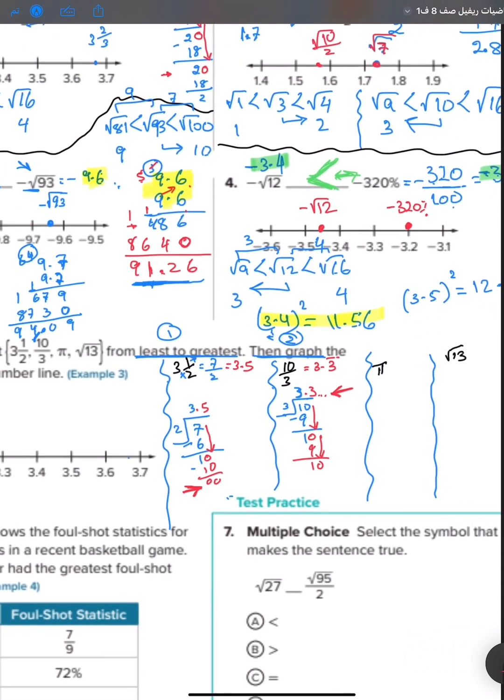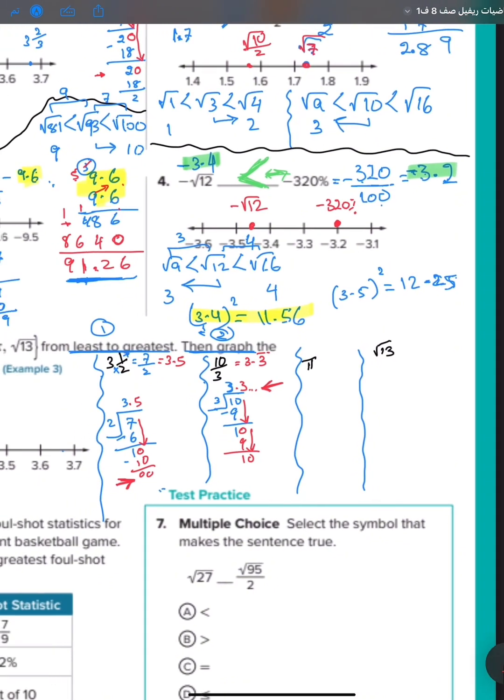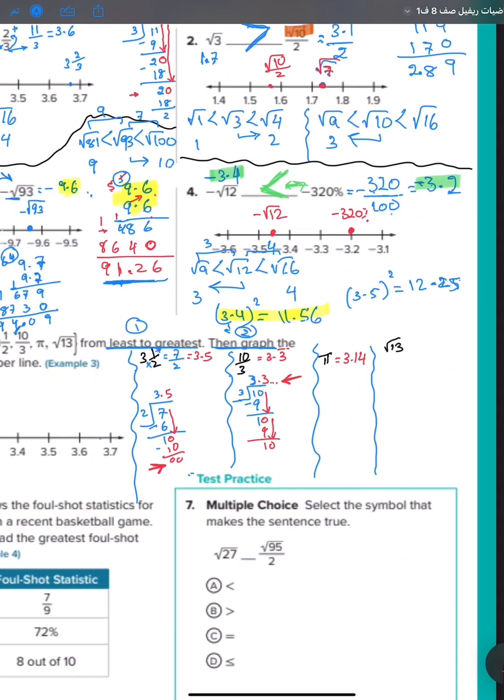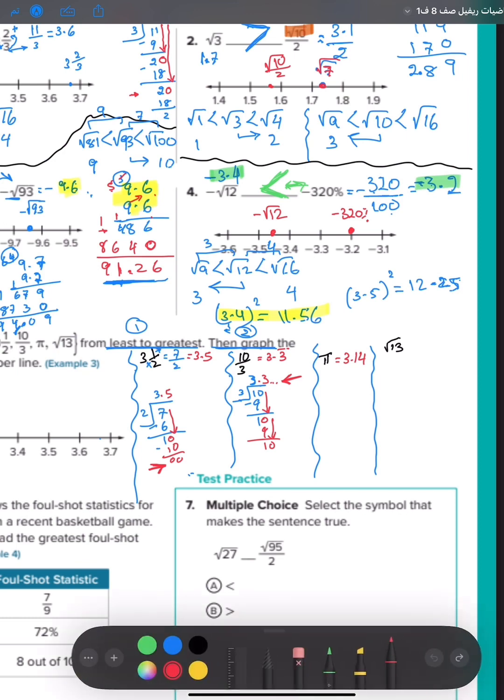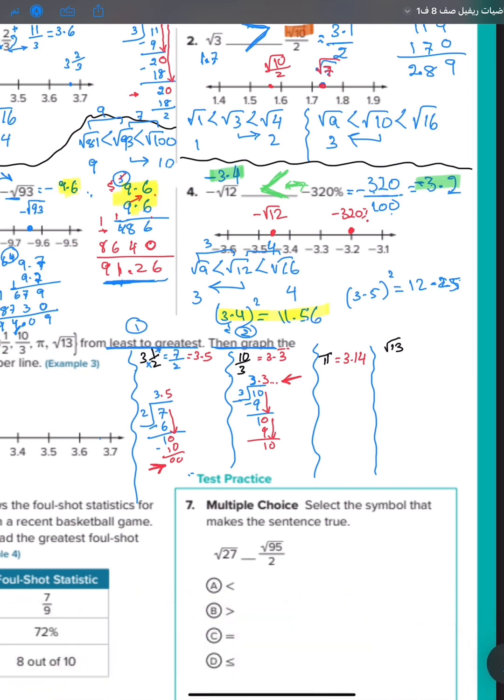Let's move to pi. We say pi is 3.14. Now for square root of 13, we must choose two perfect squares, one smaller and one bigger. So square root of 9, then square root of 13, then square root of 16.